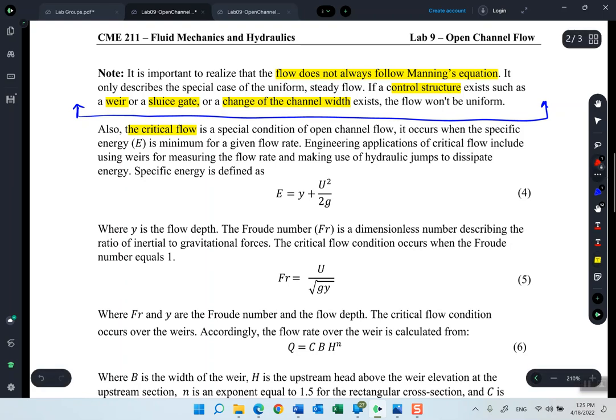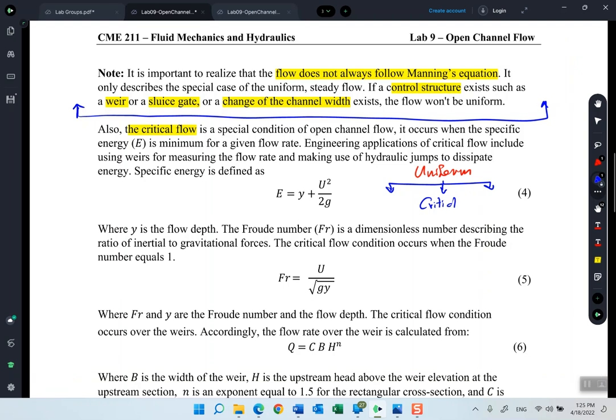So uniform flow has 3 subcategories. A uniform flow can be critical, it can also be subcritical or supercritical.